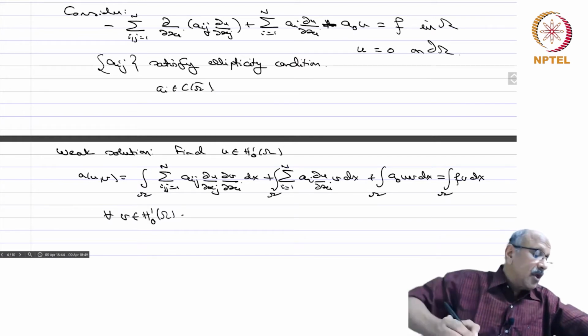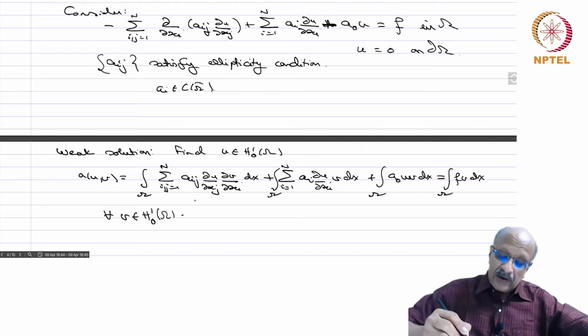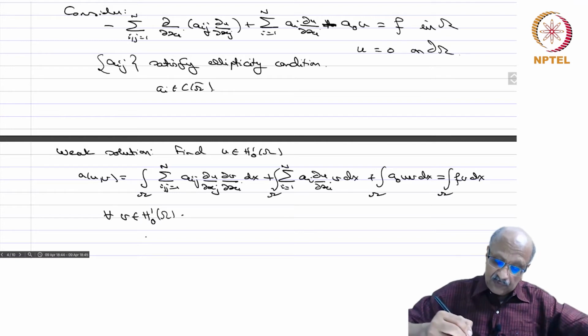So once again you can check that this will satisfy the differential equation in the sense of distributions, and we have imposed the boundary condition automatically, and therefore this is what we call a weak solution of the problem.